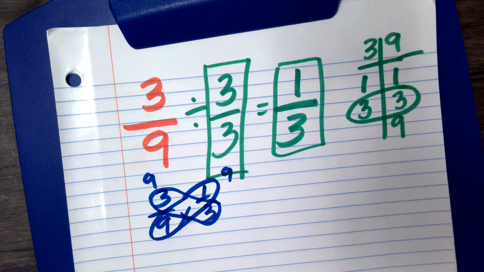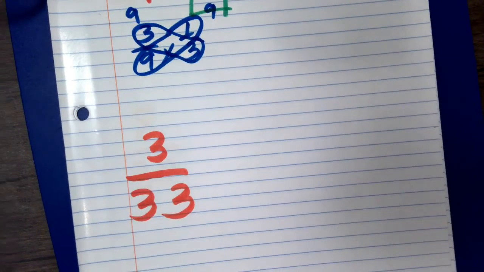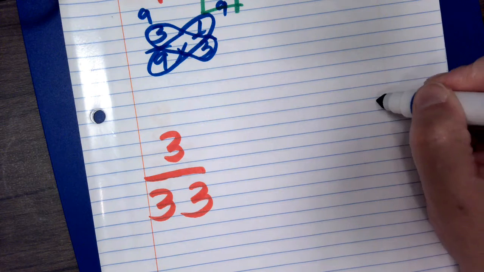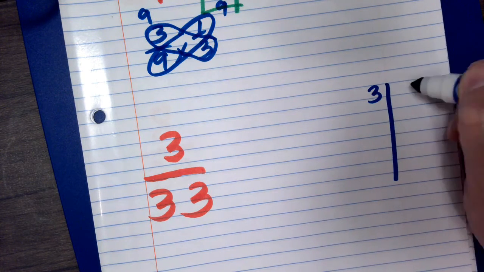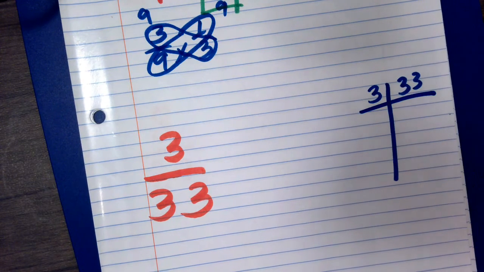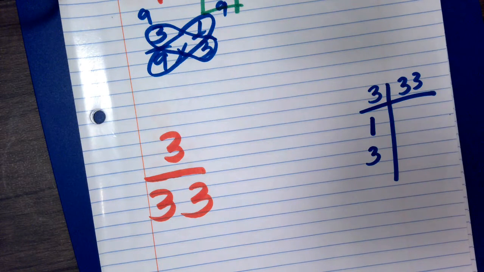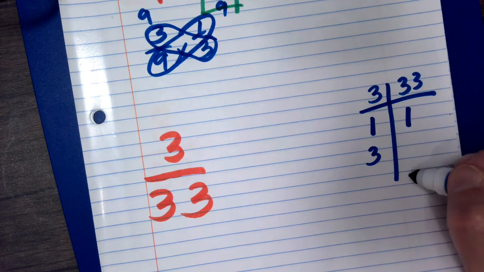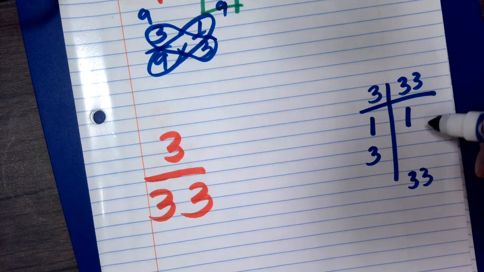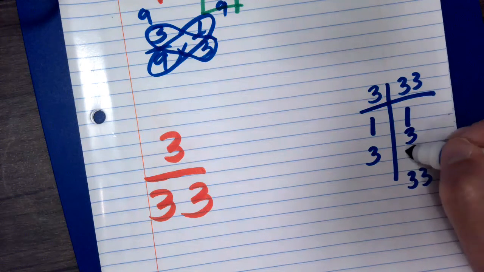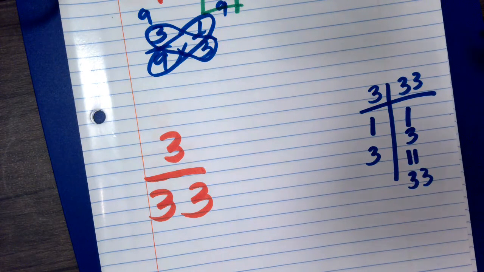Okay, let's move on to my second example, which is 3/33. Again, this is not going to be too difficult to list the factors. I'll again put it in my T-chart. Again, 3 is a prime number, so I just have 1 and 3. And for 33, I have 1 and 33, and I have 3 and 11, and I believe that's it.